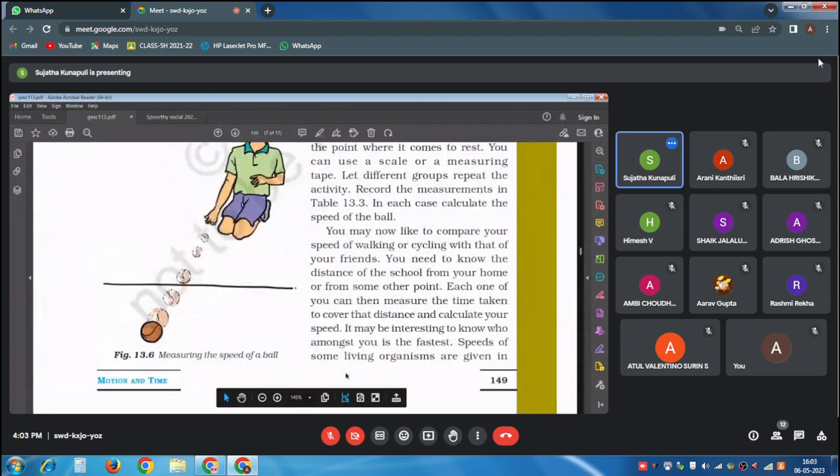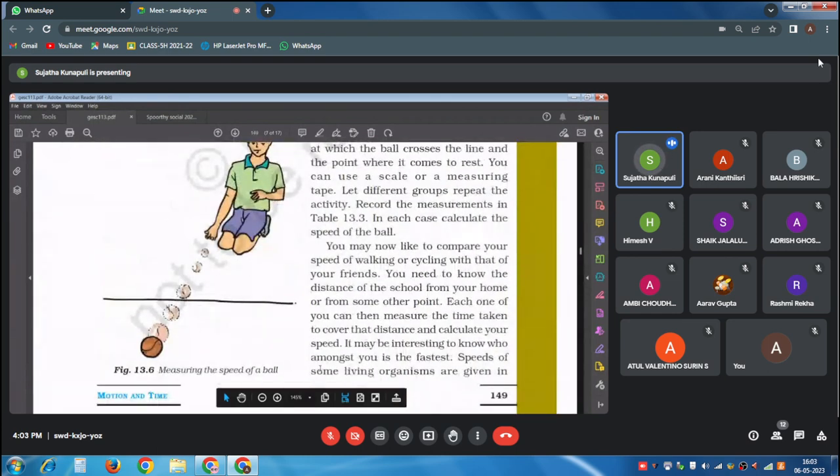So what he is telling is, when you are trying to roll the ball on the ground, if you put more pressure on the ball and release it, the ball will go a little bit faster.